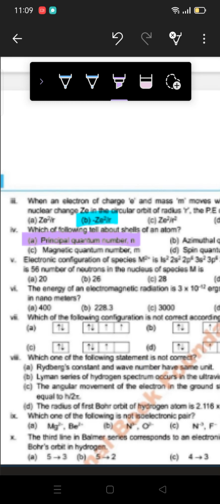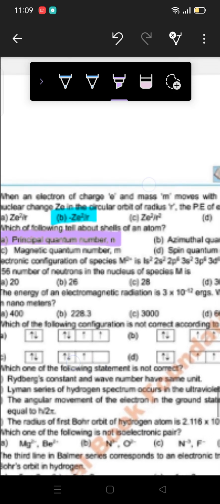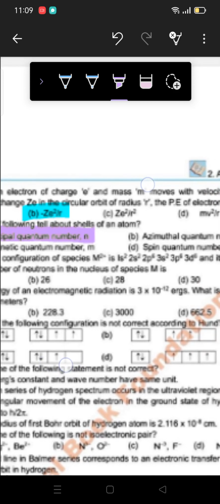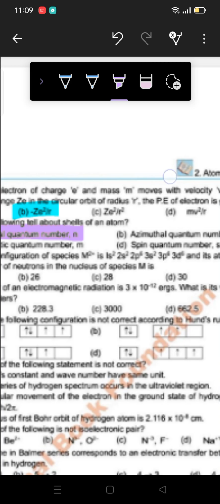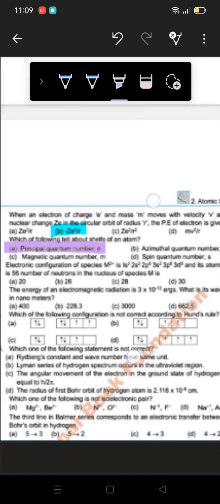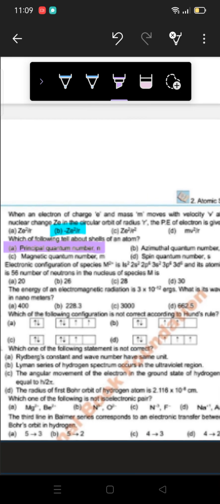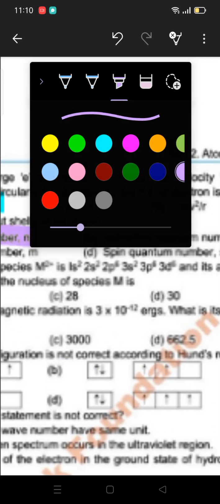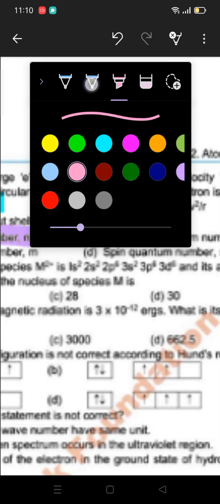The electronic configuration of a species M plus 2 is 1s2, 2s2, 2p6, 3s2, 3p6, 3d6, and its atomic weight is 56. The question asks for the number of neutrons in the nucleus of the species. They have given us the atomic weight, which is the atomic mass, and the electronic configuration. What we need to find is the number of neutrons in the nucleus of the atom.